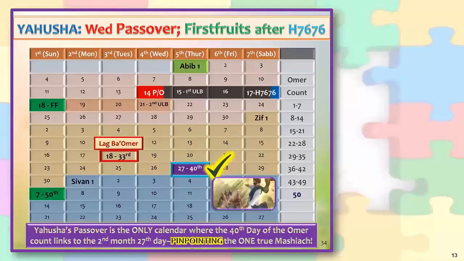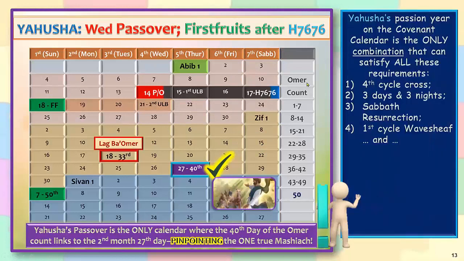Here we are again. Yahusha's Passion year on the covenant calendar is the only combination that can satisfy all these requirements. Number one, the fourth cycle cross, or Wednesday as we know it in pagan terms. And number two, the 3 days and 3 nights, that gets fulfilled and accomplished with precision.